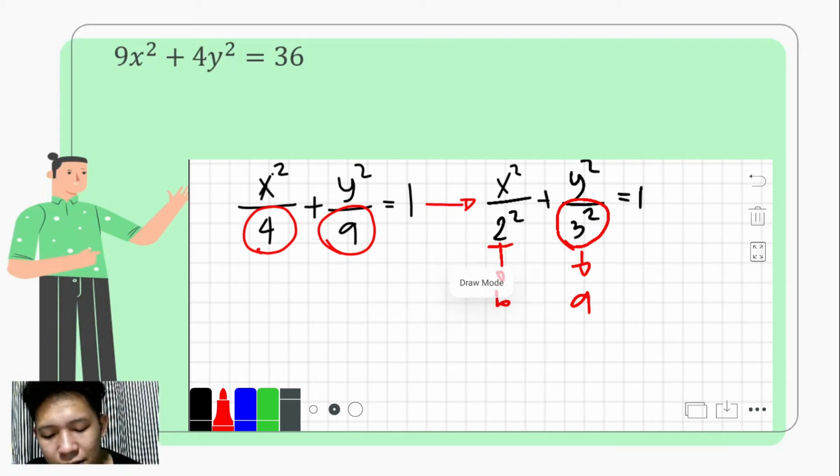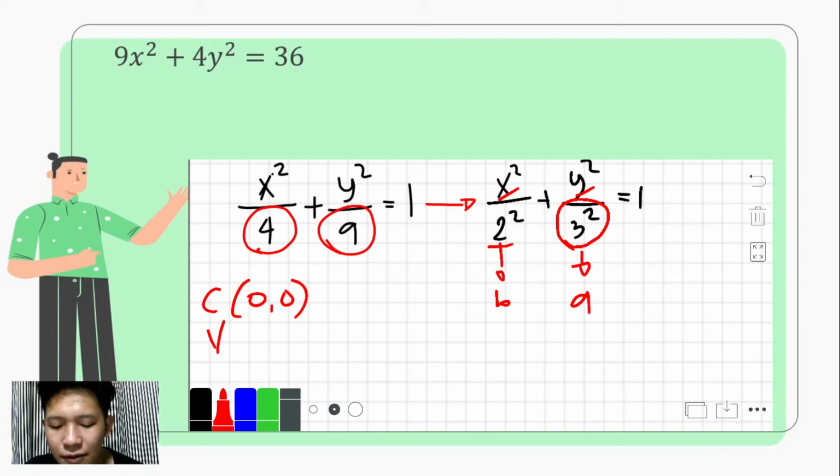So, the center would be at, since there are no modifications on the x and y coordinate, then the center would be at the origin. And then, the vertex, wherein we all know that the vertices are a units away from our center.